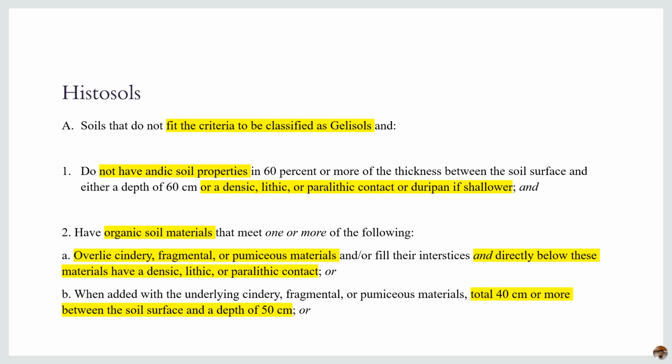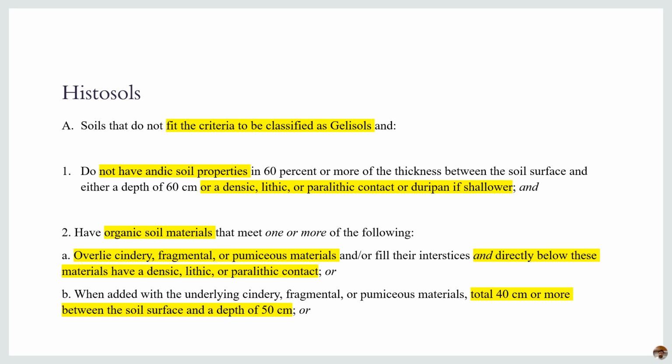So if this organic material overlies any ash or pumiceous materials formed by modern volcanism, they could overlay this material, and directly below we should find a densic, lithic, or paralithic contact.